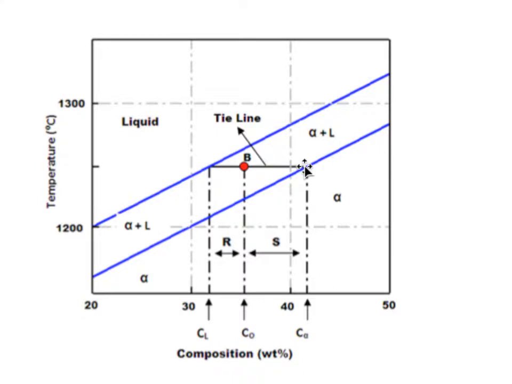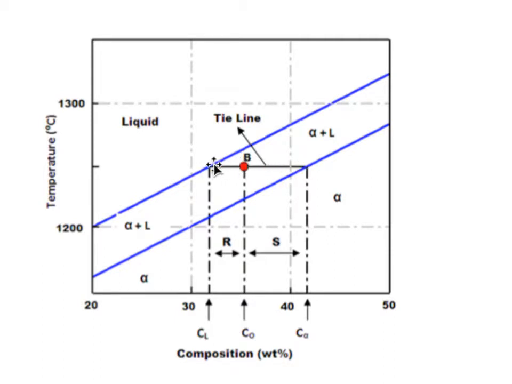So we can therefore judge from the lengths of these two parts of the tie line how much solid and liquid we actually have. In this case we see that we are closer to the liquid side, so we'll have more liquid than solid. Roughly we can say that this part of the line is about 30% of the total length.